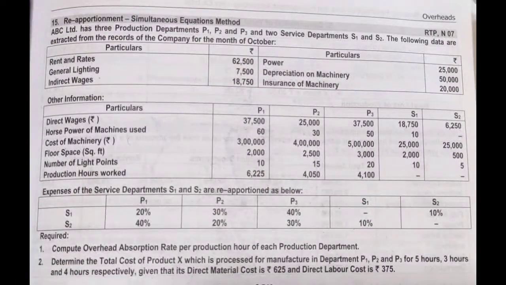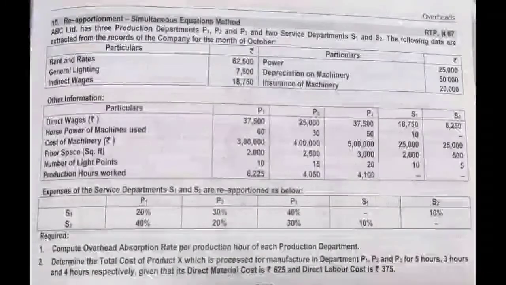That means total hours used in these three production departments are 5, 3 and 4 hours. Given the direct material cost is rupees 625 and direct labor cost is 375. So you have to prepare the computation of total cost of product X.